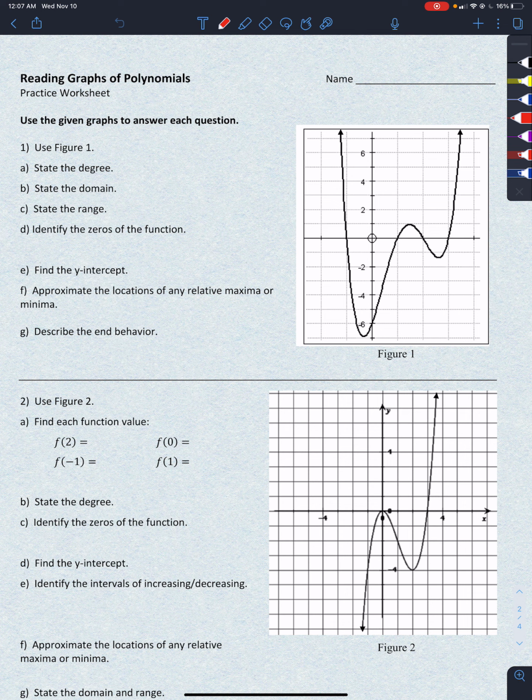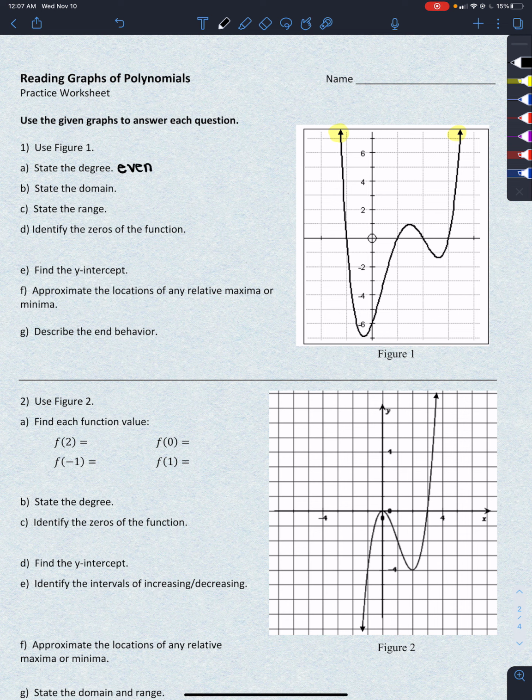Okay, so first thing, using figure 1, we are going to state the degree of this polynomial. Looking that both ends of the graph point the same direction, that means that this is going to be an even degree. So that's something that I can give myself a hint with here.